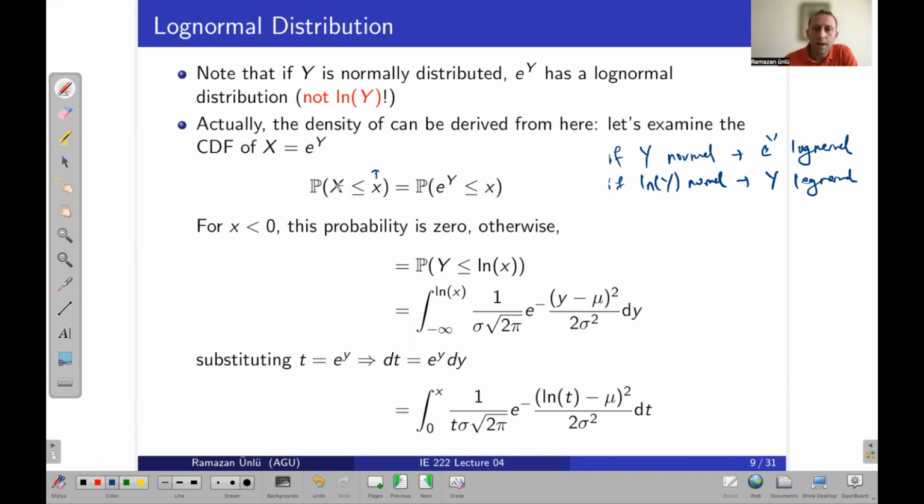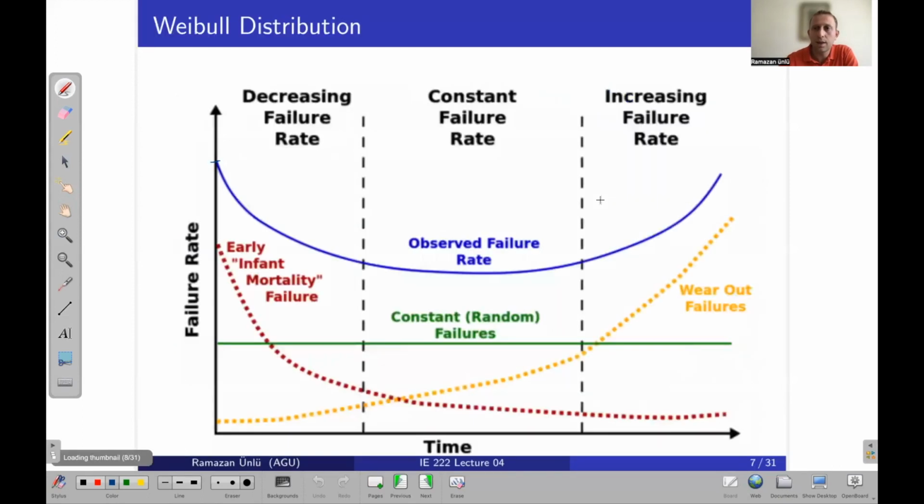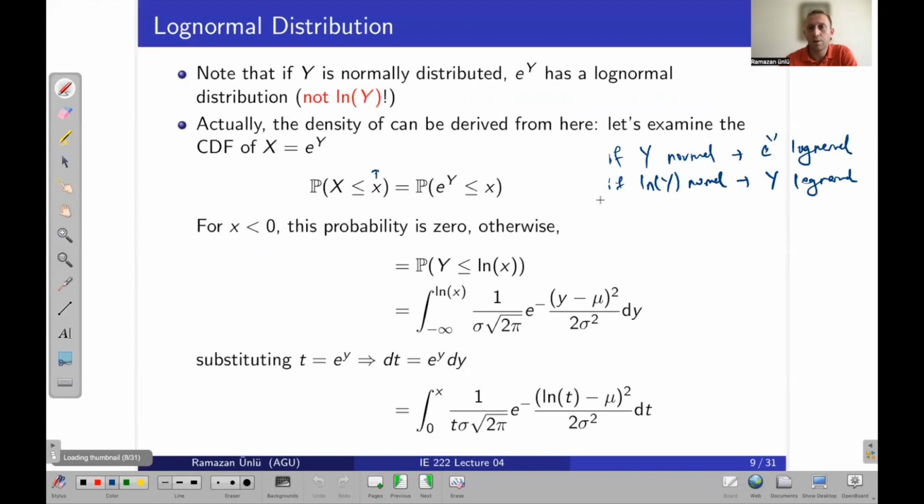Because x is equal to e to the y, the probability of e to the y being less than or equal to x is the same. We know that in log normal distribution, x ranges between 0 and infinity. It cannot take negative values because ln of a negative number is undefined.